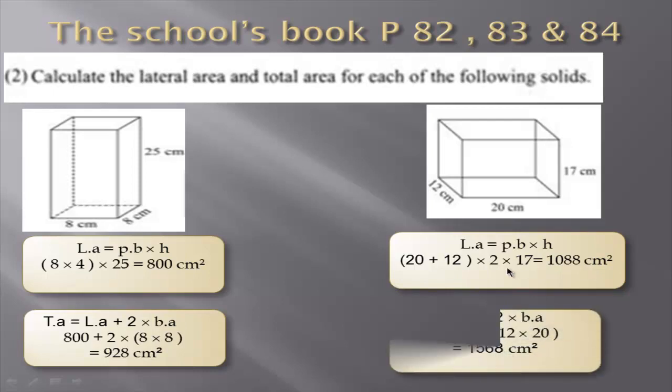And the total area will be the lateral plus 2 times the base area. The base area here will be the length times the width. So, 1088 plus 2 times 12 times 20 equals 1568 centimeters squared.